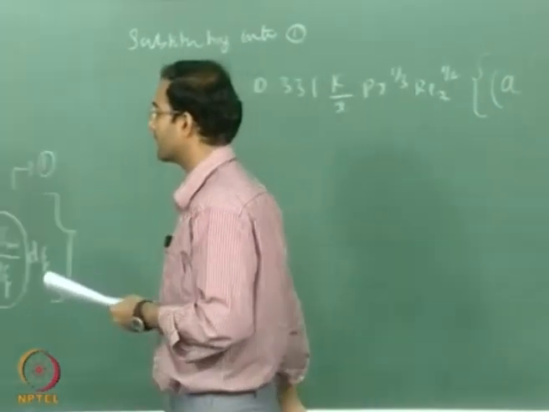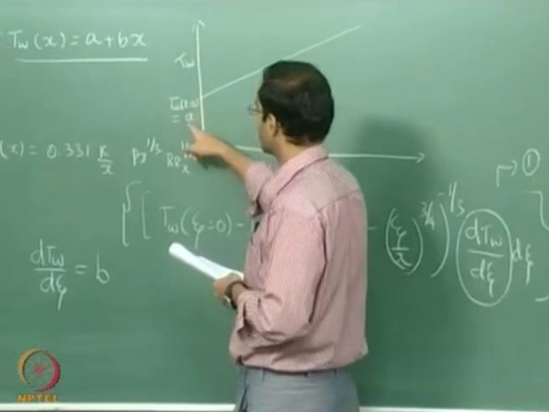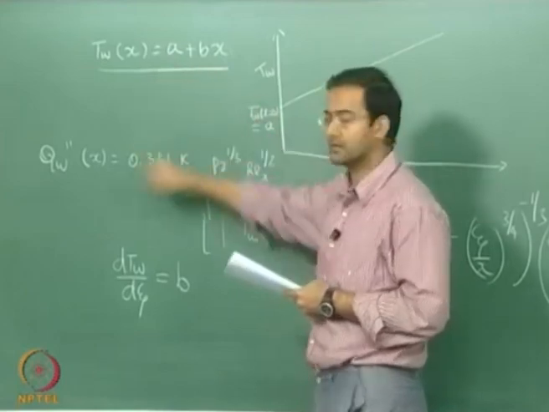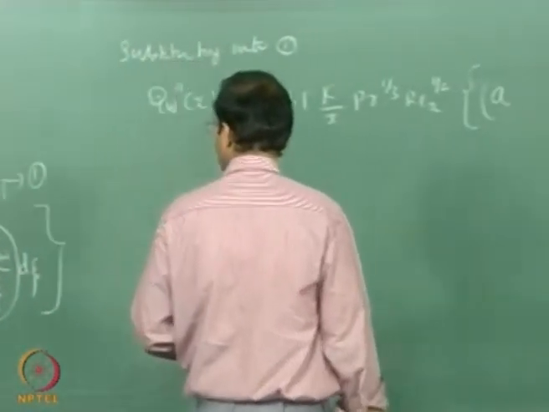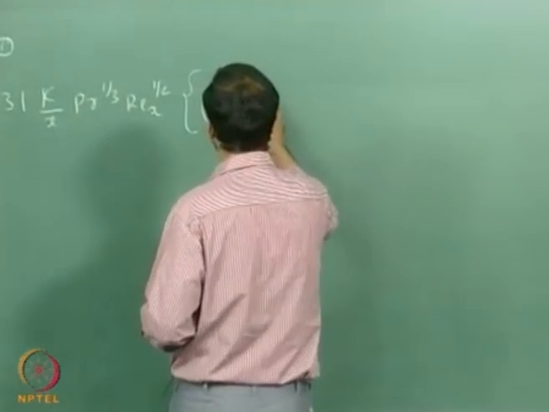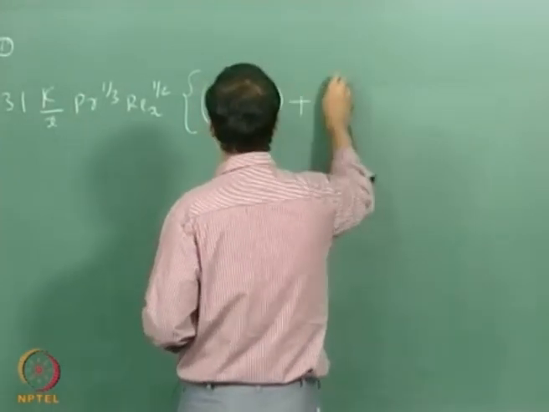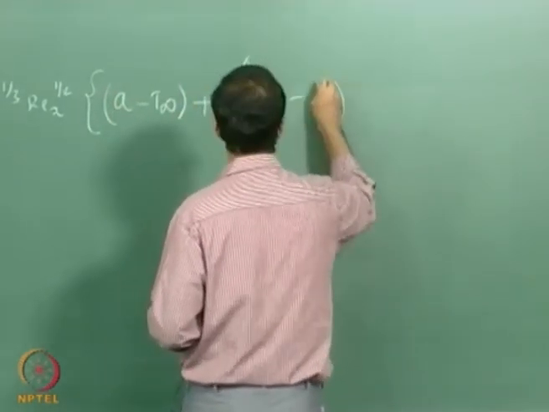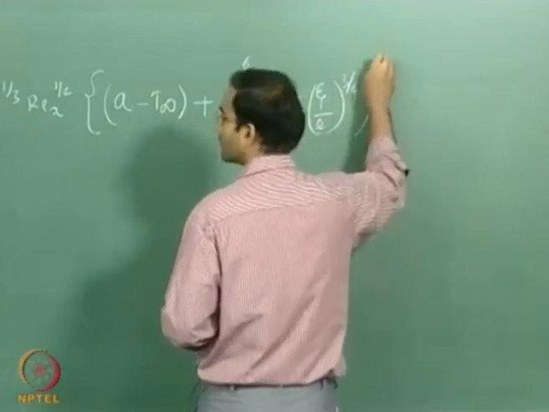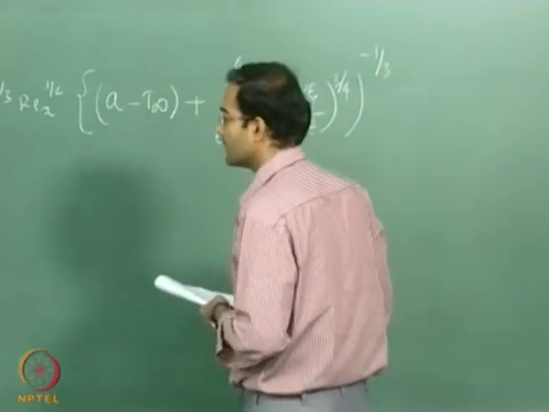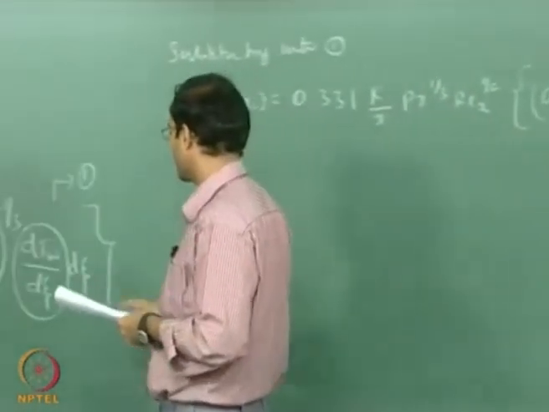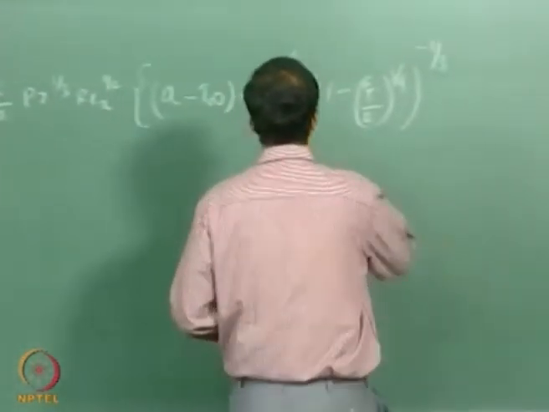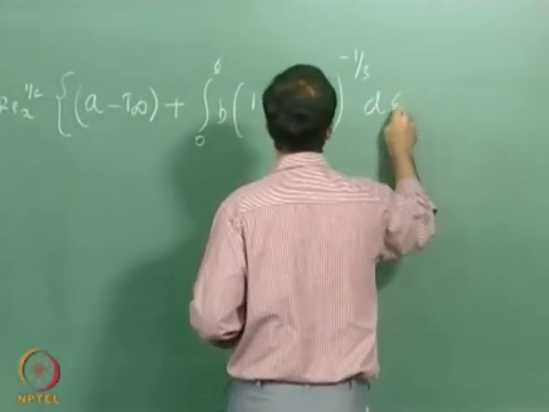So, T wall at zeta equal to 0 is nothing but a, at x is equal to 0. I am substituting T wall at zeta equal to 0 as a, minus T infinity, plus the integral from 0 to x of 1 minus zeta by x to the power 3 by 4, the whole power minus 1 by 3, and dT wall by d zeta is nothing but b, so this will be b into d zeta.